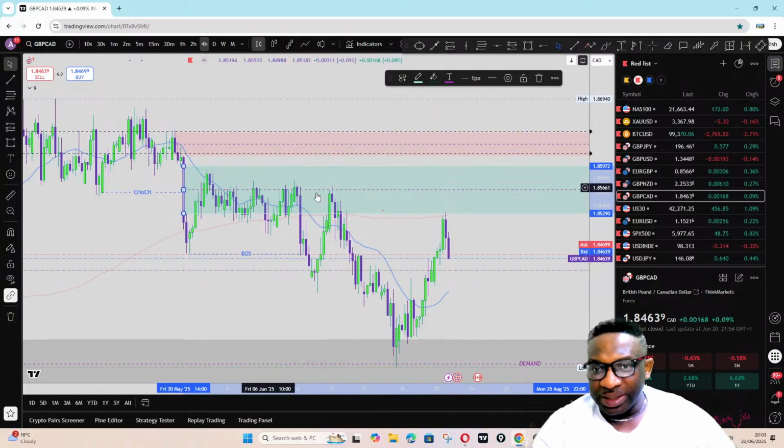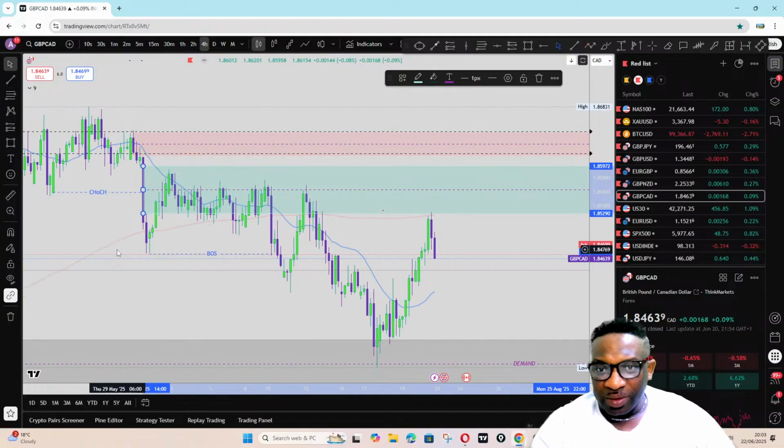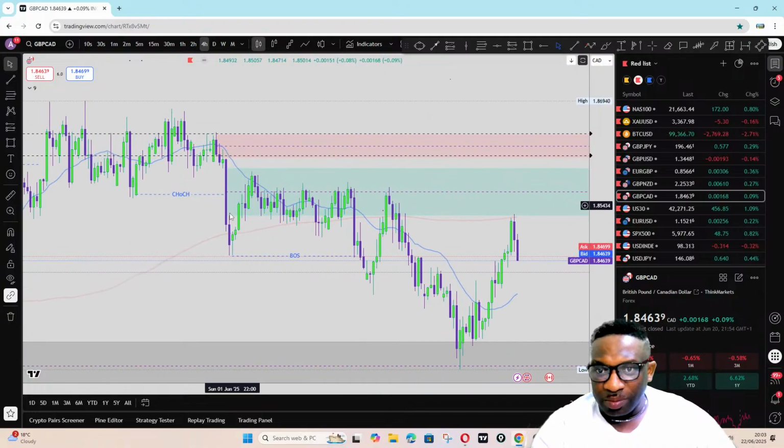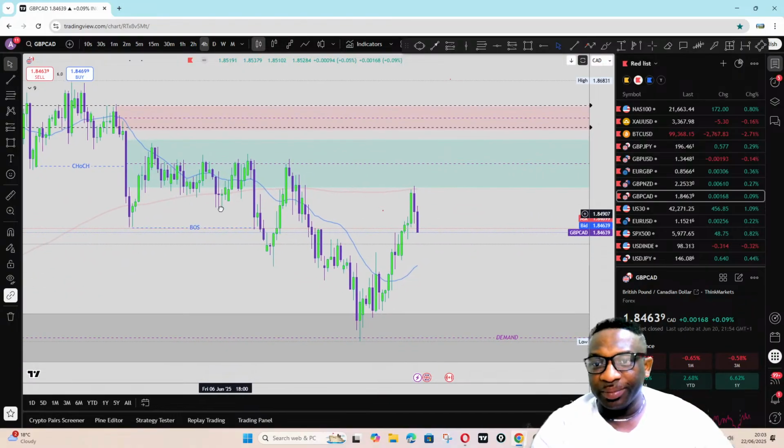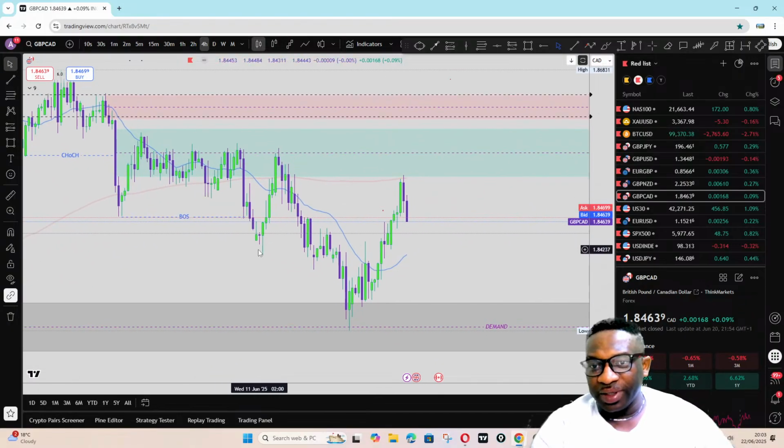All I did was mark this large area of liquidity void or imbalance. My target is halfway, 50%. That's exactly what price was doing, targeting the 50% and then being rejected from there before it pushed further down.